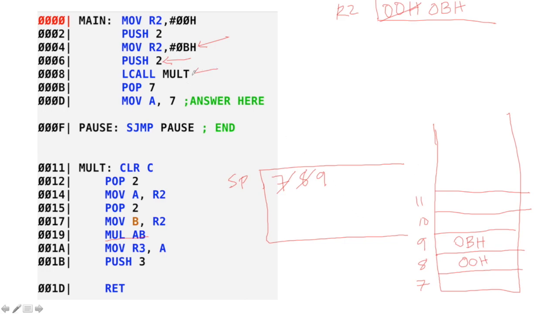Then at this line what happens is we are calling the mult subroutine. So in preparation for this call, we need to save the return address onto the stack so that we resume the execution of the program once the subroutine finishes.